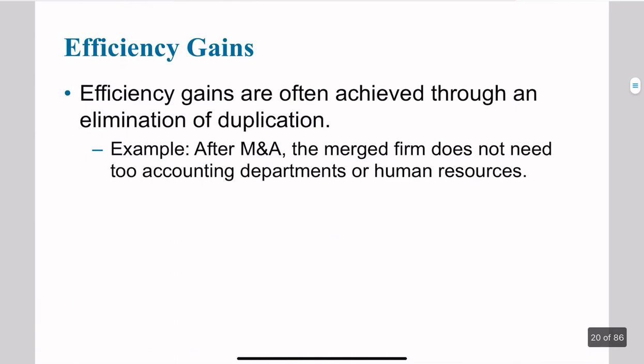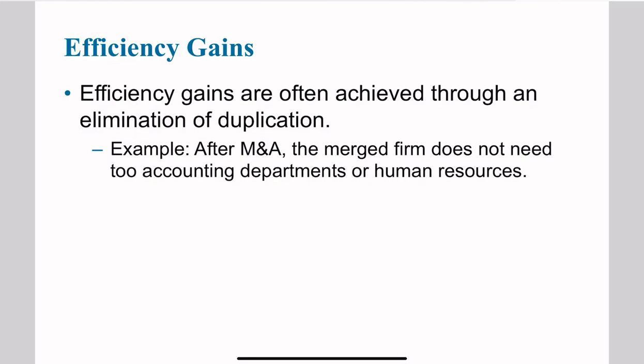And then merger and acquisition can also have efficiency gains. This is similar to the argument of synergy. Generally, it means that if two firms merge together, then they can achieve higher efficiency through elimination of duplications.